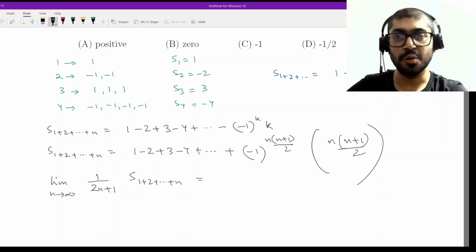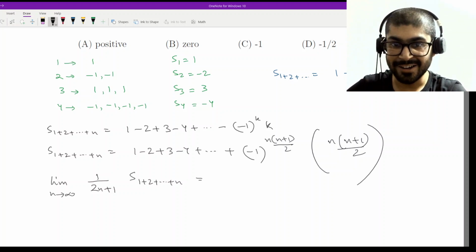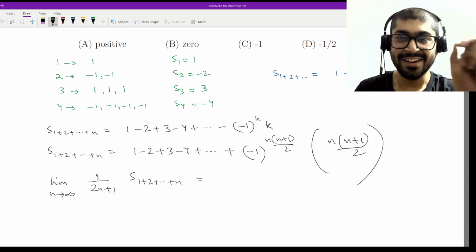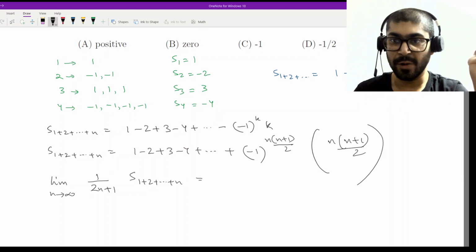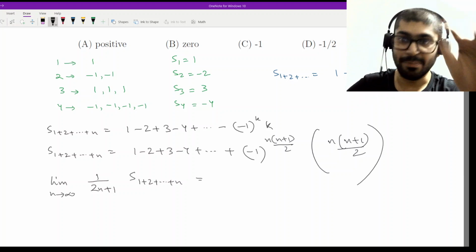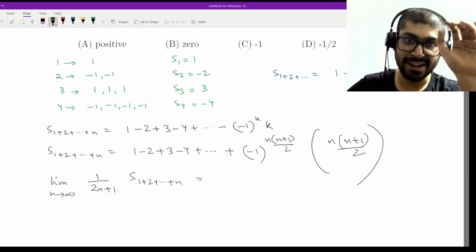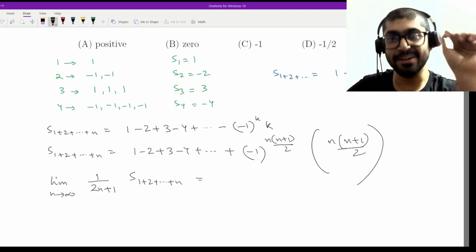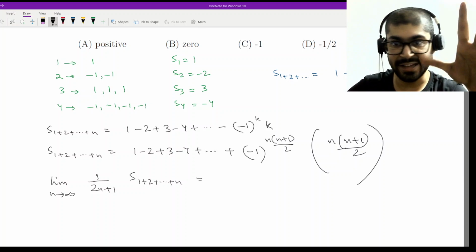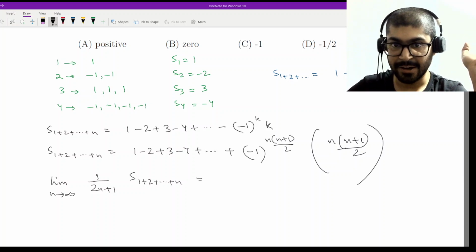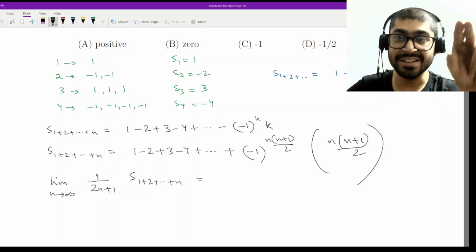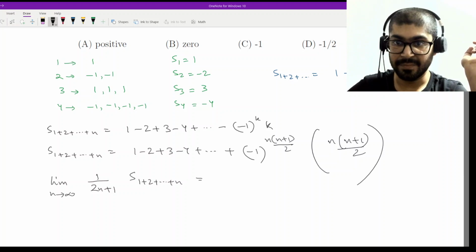So the upper part becomes bounded and the denominator is increasing monotonically. 2n plus 1 will always increase as I increase n. But the upper part is oscillating and it's not increasing as fast as the denominator.